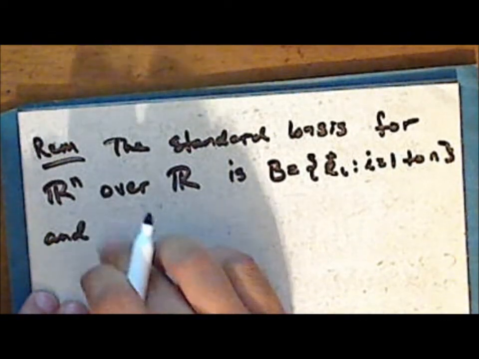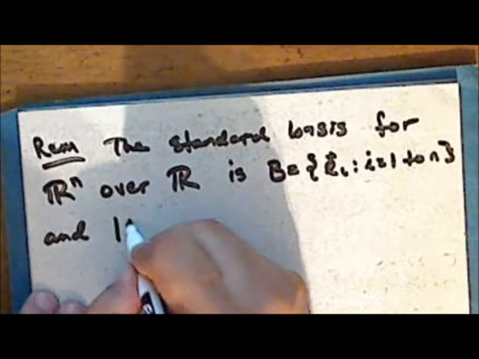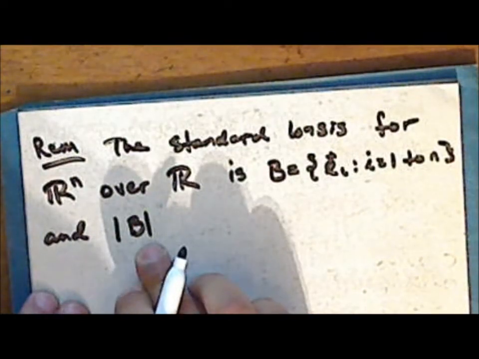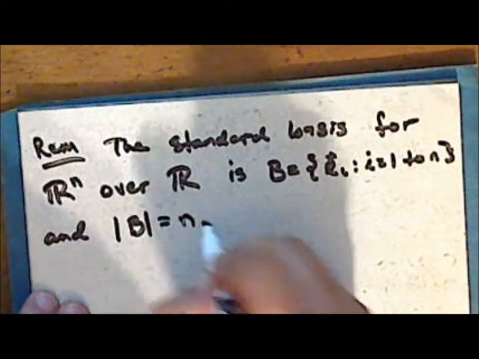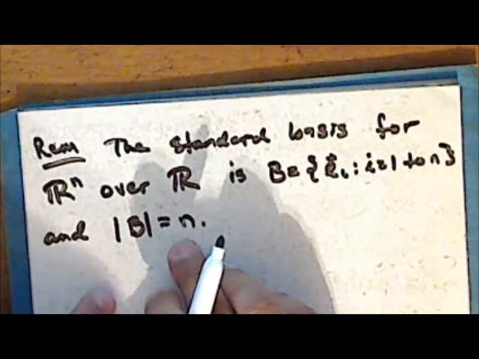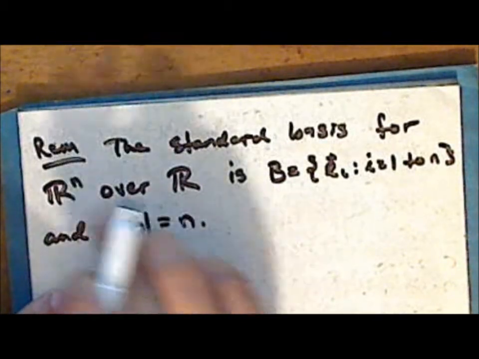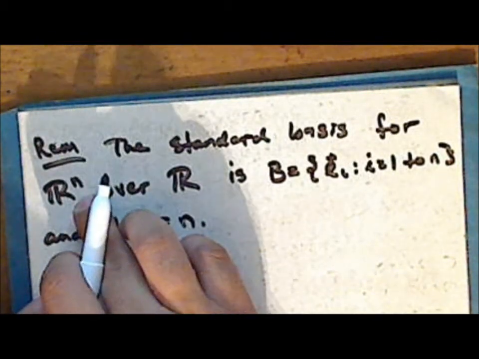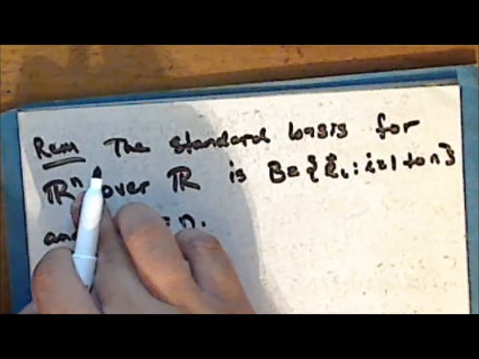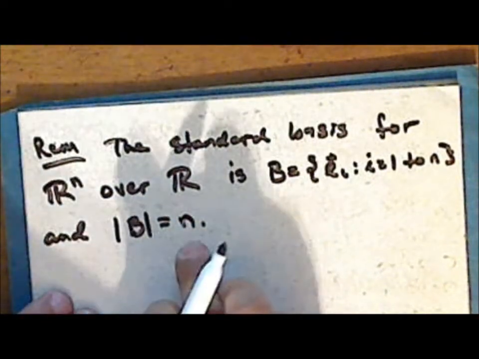And so the cardinality of the set B, that is the number of elements in the set B, is n. And so this definition for the dimension agrees with the way that we've been using the term previously, that is, n-dimensional real space has dimension n.